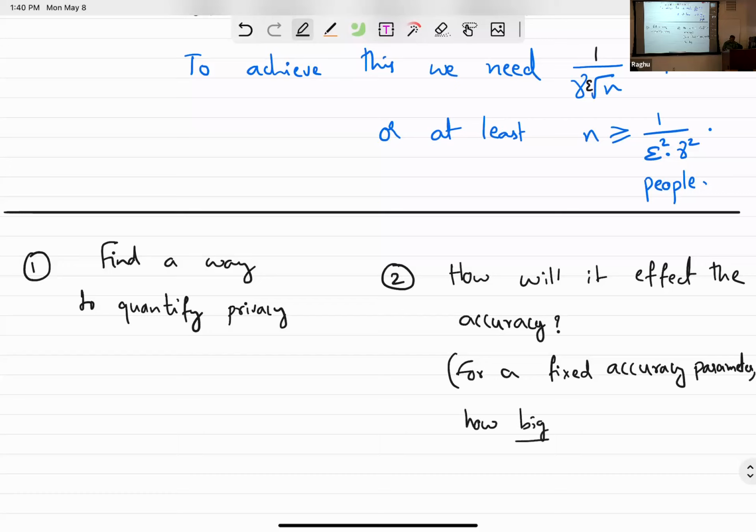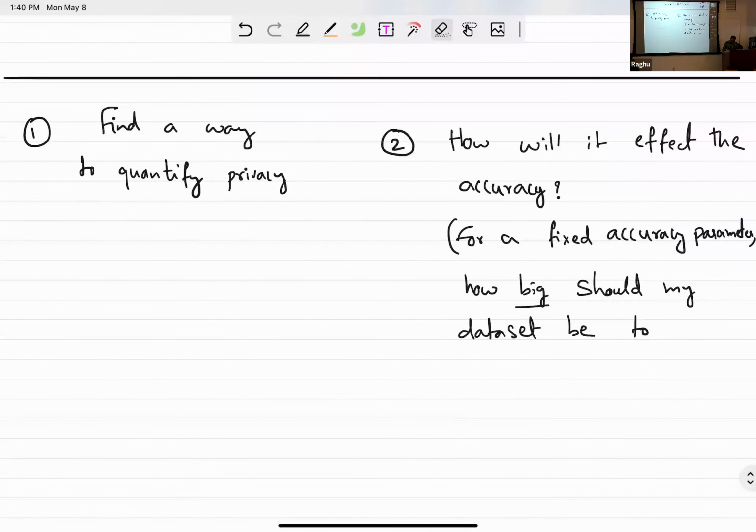How big should my data set be to have the privacy guarantee and the accuracy?